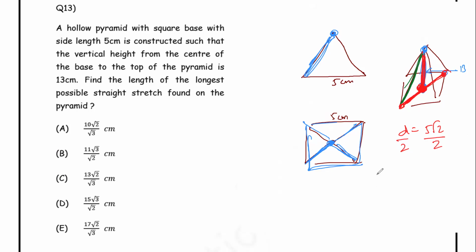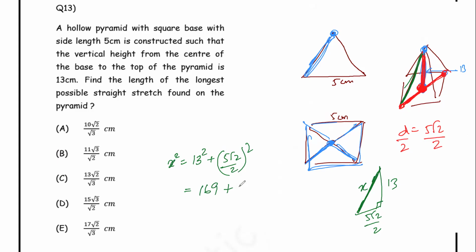So basically, I've got a 13, I've got a 5 root 2 by 2, and this is what I need to get, x. And we assume that this is 90 degrees, so x square is equal to 13 square plus (5 root 2 upon 2) square. And that's how we get the longest stretch. So that's 169 plus 25 into 2 upon 4.